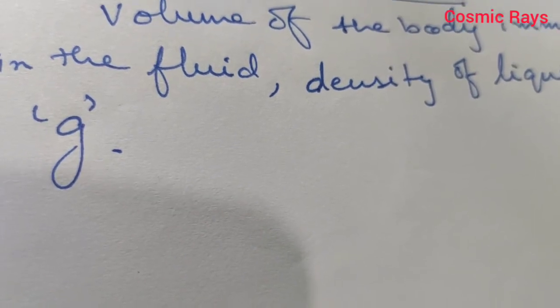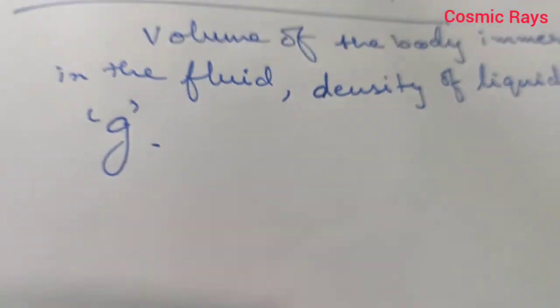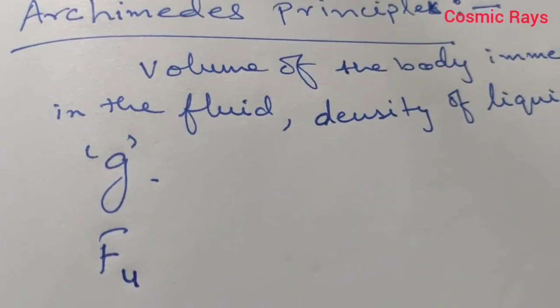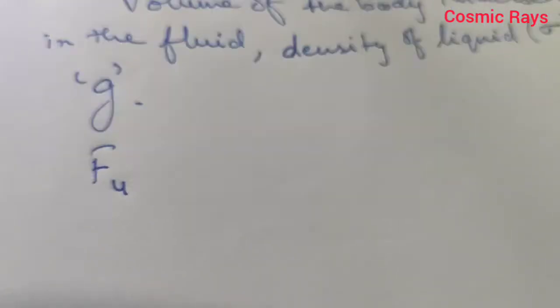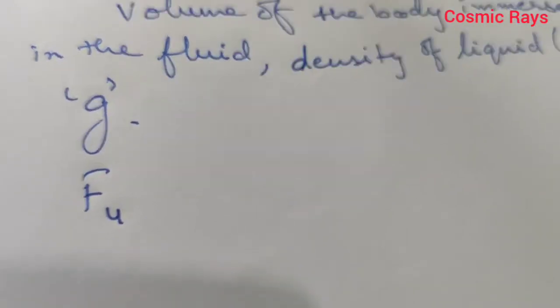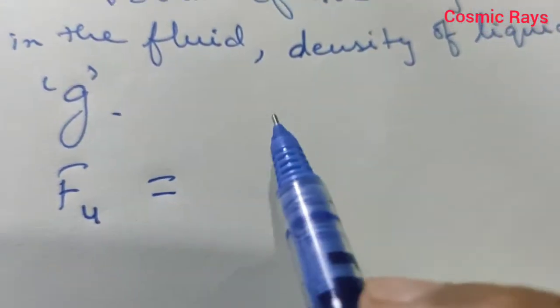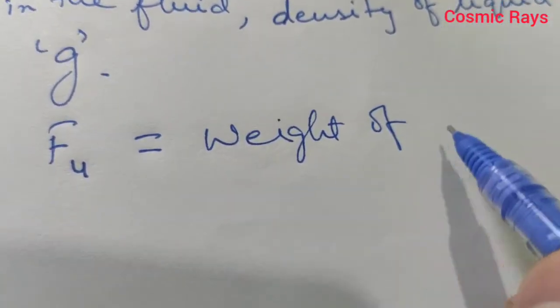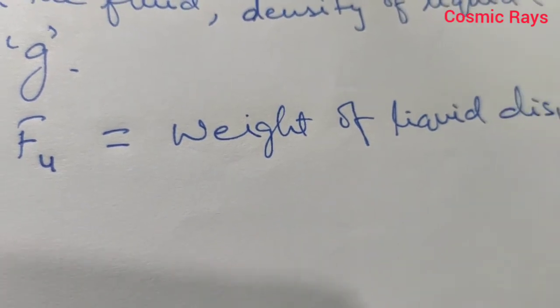It's going to weigh a little lighter than its actual weight, because of the upward force. So let's calculate the upward force so that we know how much weight it's going to lose. That force is equal to the weight of the liquid that we are going to displace.